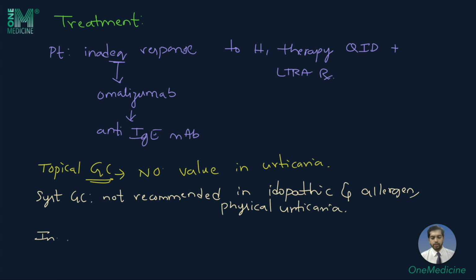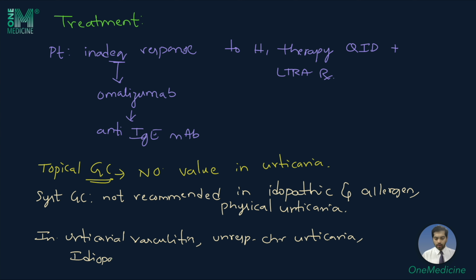However, in patients with urticarial vasculitis, unresponsive chronic urticaria, and idiopathic angioedema without urticaria, systemic glucocorticoids can be used.